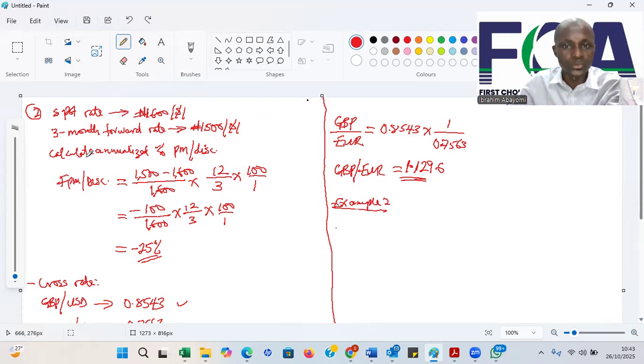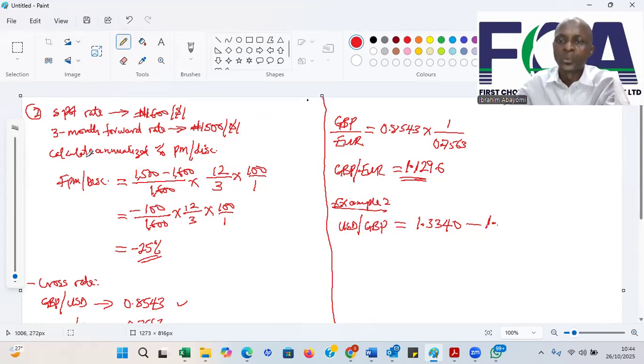Which rate can I use? Let's say we have USD to GBP to be equal to 1.3340 to 1.3345.